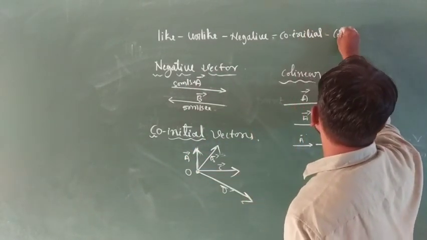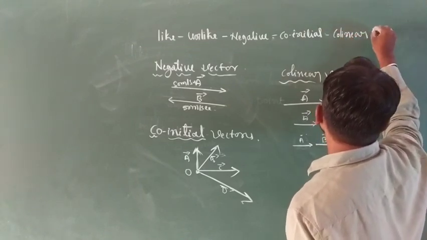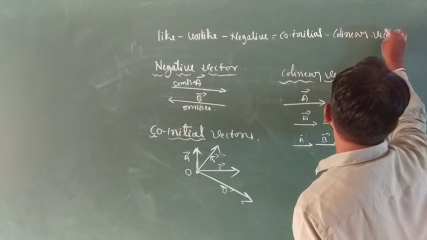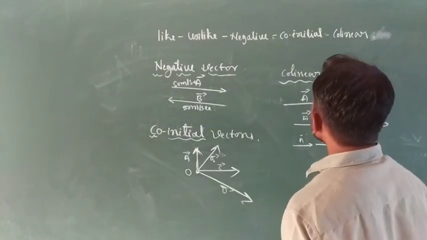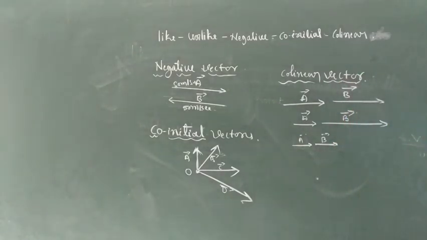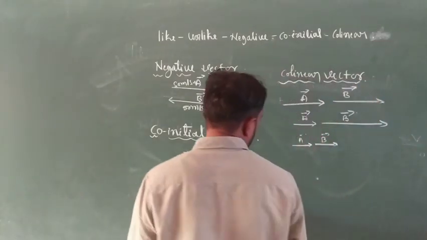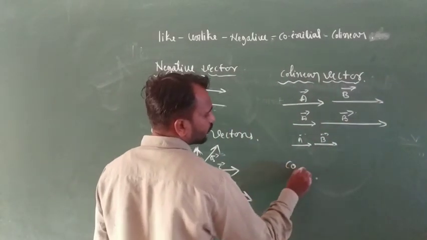Another one is collinear vectors. Yes. So next one, another vector. That one we consider a coplanar vector. Coplanar vector.